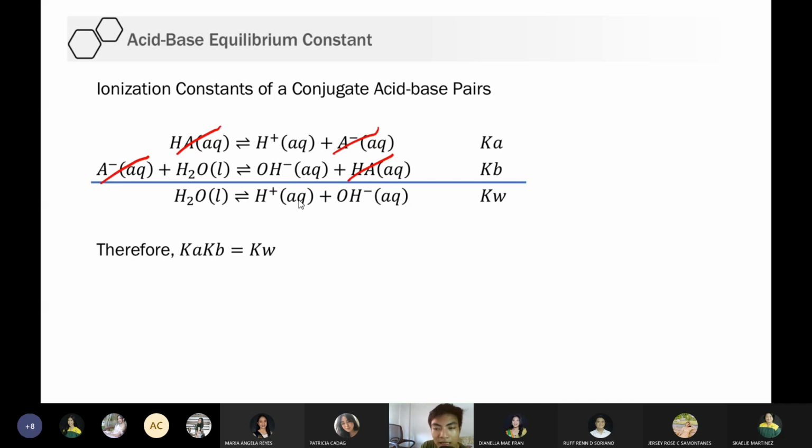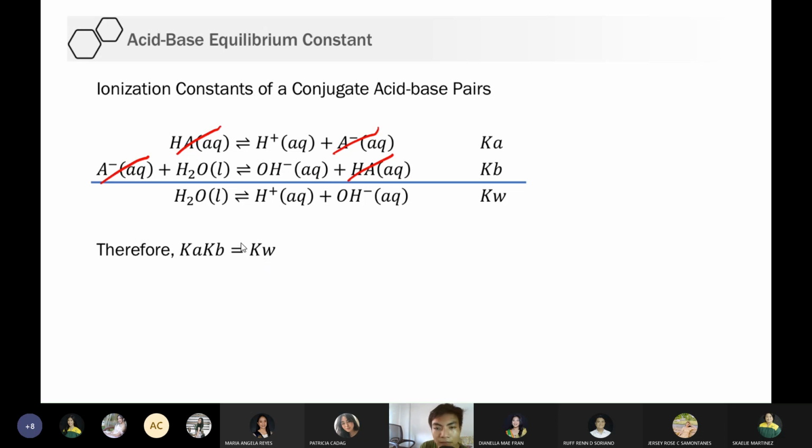So the Ka and the Kw are related. Recall that when we combine equations, we multiply the K values. So we get Ka times Kb equals Kw, the ionization constant of water.